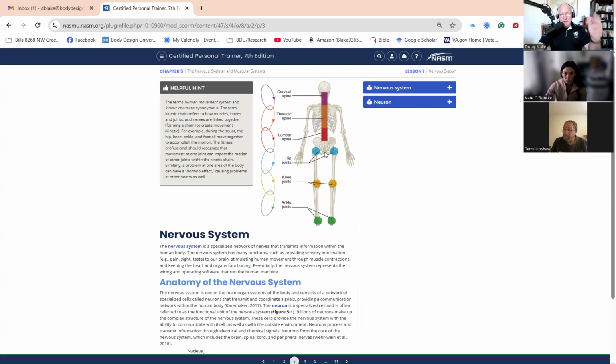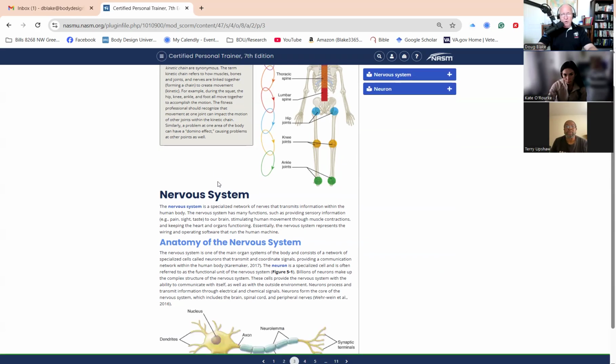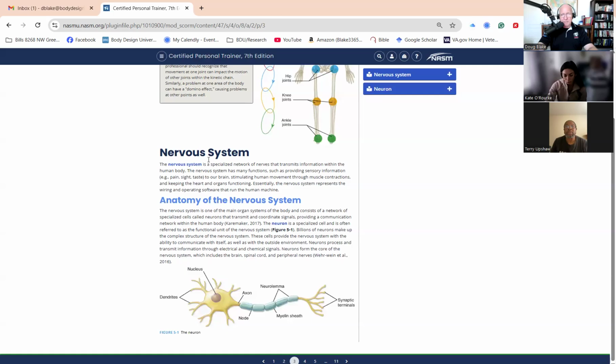Here's your hip joints, obviously knee joints, and then ankles. So if you count it, 1, 2, 3, 4, 5, and 6. What we do and what NASM will show you is that when you look at the skeletal part of this or the functional component of these systems, we have what are known as kinetic chains, and they're gonna show you that, but they want you to understand kind of the basics of the human nervous system.